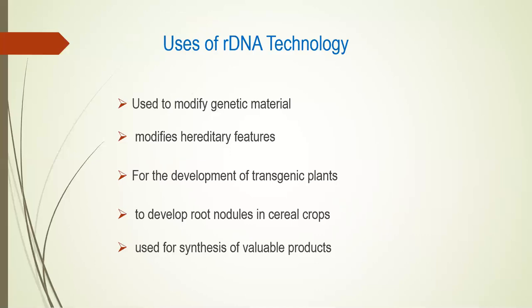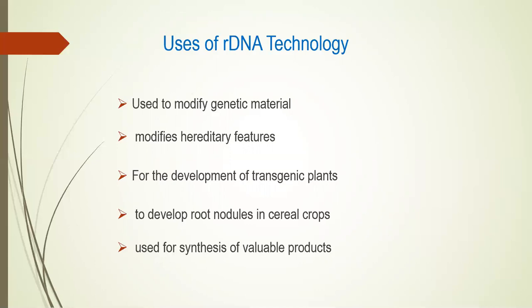Next, it modifies hereditary features of DNA by transfer or insertion of certain genes or DNA. Recombinant DNA is used for synthesis of valuable products such as alkaloids, insulin, vaccines, antibiotics, etc.